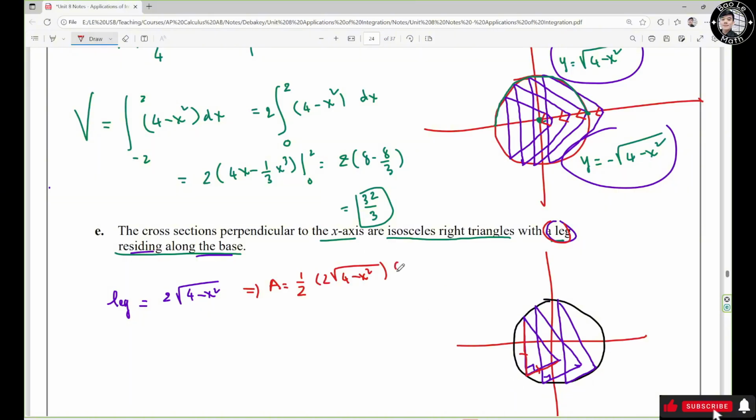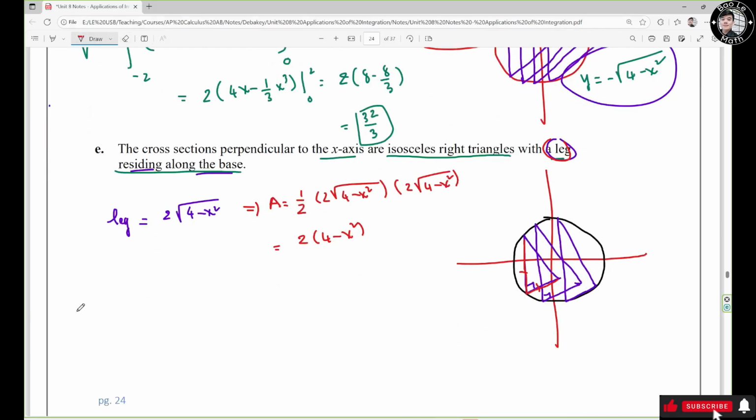So you need to multiply by 2 square root of 4 minus s squared. Now if you simplify, it's going to be 2 times 4 minus s squared. Now the volume is the integral from -2 to 2 of 2 times 4 minus s squared ds.